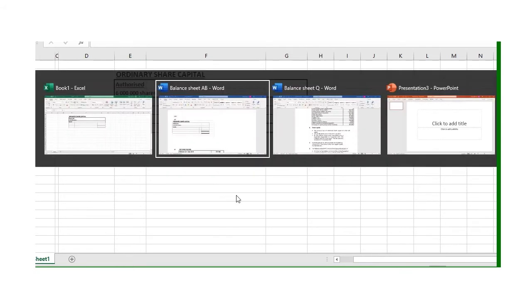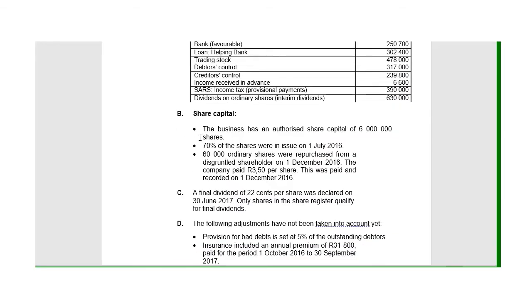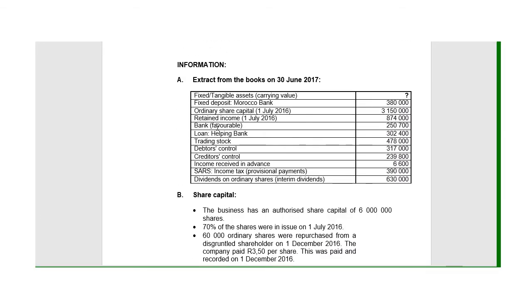So let's go to the information for share capital. First of all, on the list of balances, they give me ordinary share capital 1st July 2016. Our year end is 30 June 2017, which means this was the balance at the beginning of the year. They don't give me a number of shares.